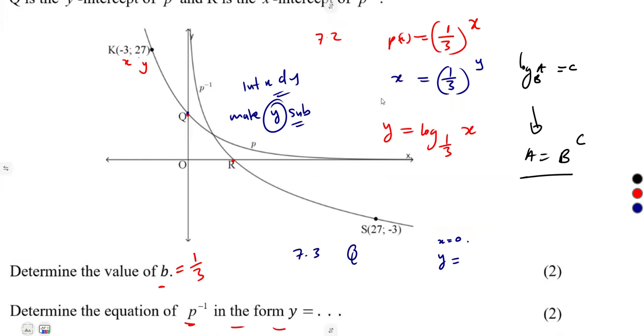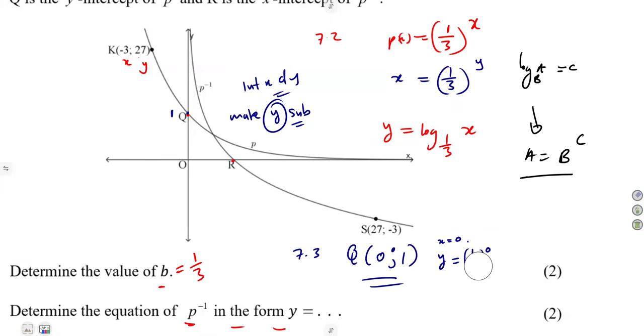So y is equal to what? From our P(x), P(x) is 1 over 3 to the exponent of x. So at that point, you raise to the exponent of 0, which is going to give us 1. Any number to the power of 0 is 1. So therefore Q is, remember y-intercept, where x is 0, y is 1.